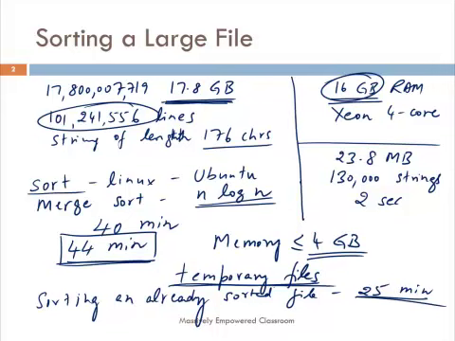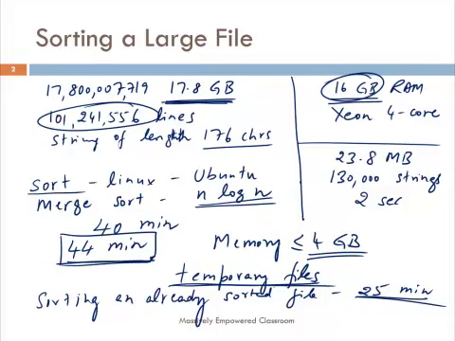So in 25 minutes it was able to tell us that the file was already sorted. Well, it didn't quite say that, it produced another result which was identical to the input. So 44 minutes to sort an unsorted file and 25 minutes to sort an already sorted file.